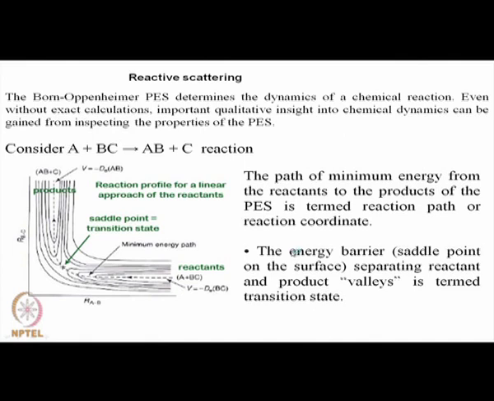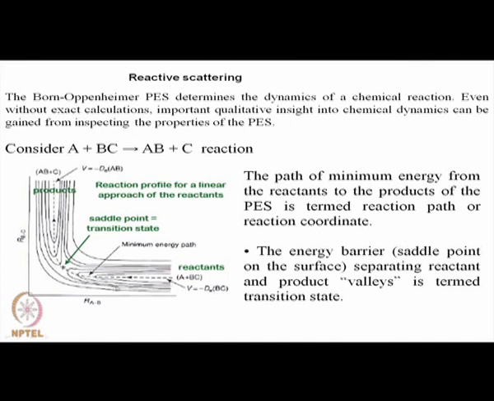Now here you see this is A plus BC giving rise to AB plus C. As I told in the last lecture, this is RBC, the distance between B and C, and RAB is the distance between A and B. This is the cross section of the potential energy, the equal energy line contour.